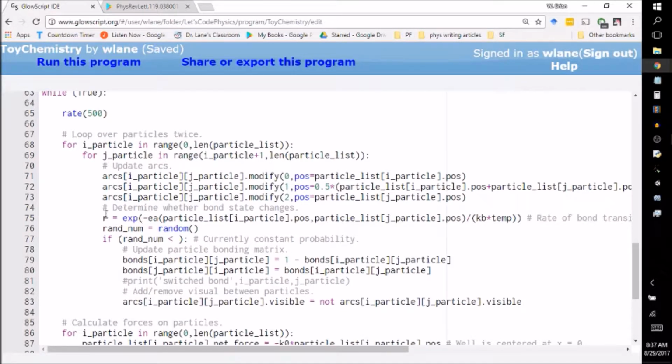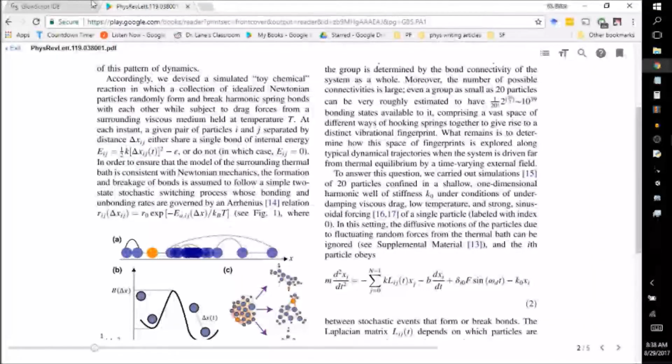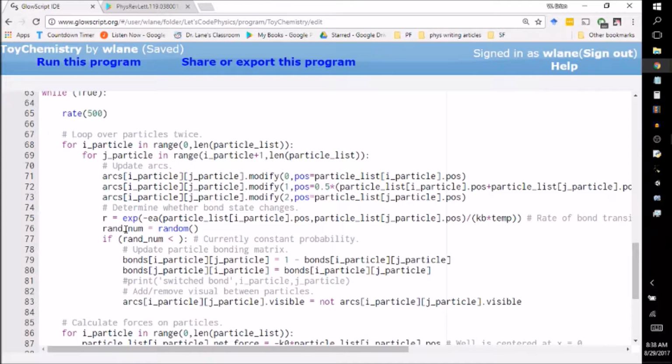So when this thing calls for that, it's going to say, okay, R is equal to exponential negative EA of these two things, so this is a function of these two particles' positions, divided by KB temperature. Okay, so this is now going to replace that constant 1% that we had before. So this is now a varying probability based on the separation of the particles.